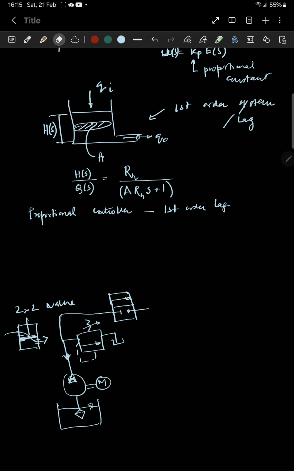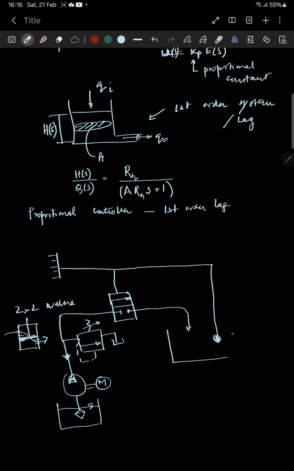Now this valve is connected to a sort of lever. The lever is connected to a float which is there in this tank, where the flow enters. So this is Qi. The movement of this is measured in X. The length of this arm is A, this arm is B.